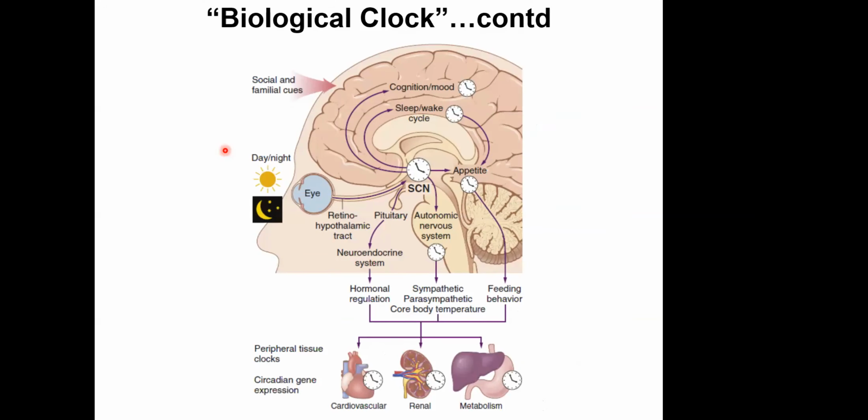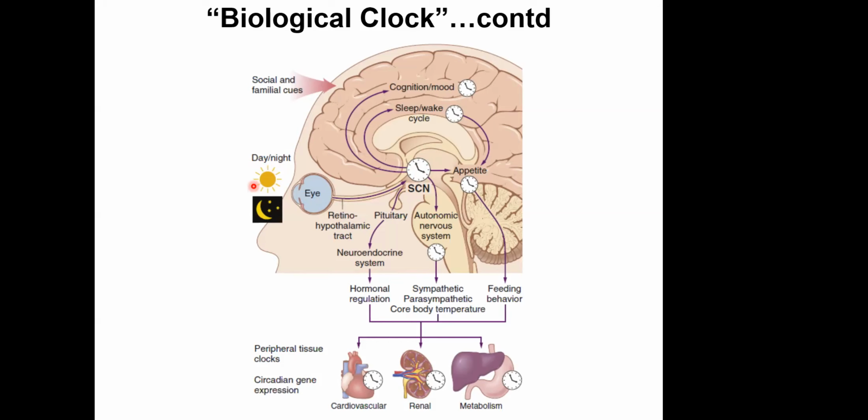I believe this is in the latest edition of Guyton, this excellent diagram that basically shows where the SCN is. It's conveniently right behind the eye. It's connected actually with the eye via the retino-hypothalamic tract, which gives it, no surprises here, basically a sense of whether it's day or night through the amount of light that is entering the eye.